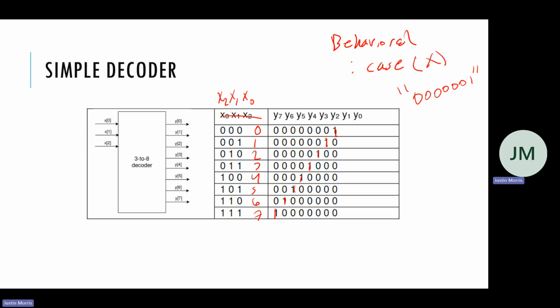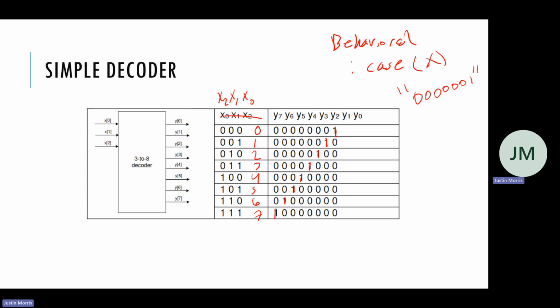So what would go on the sensitivity list of this process block? The case statement needs to go into a process block, right? The process block has the thing called the sensitivity list. What needs to go into the sensitivity list for this process block? Yeah, it's X, right?